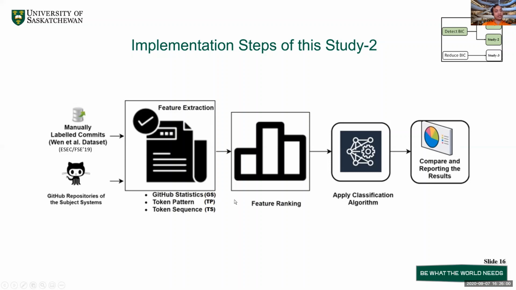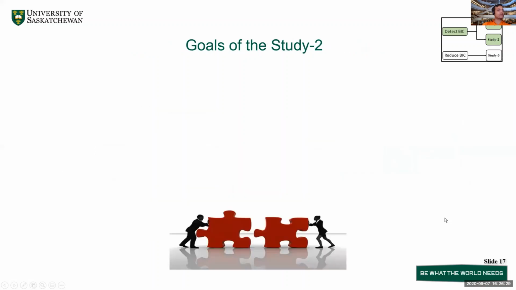These features are the same as extracted in the first study. Token pattern is the new feature which I extracted in this study, and token sequence, that means the sequence of all the tokens from the token pattern, is another new feature used in this study. I ranked those features, applied the classification algorithm, and investigated, compared, and reported the results.